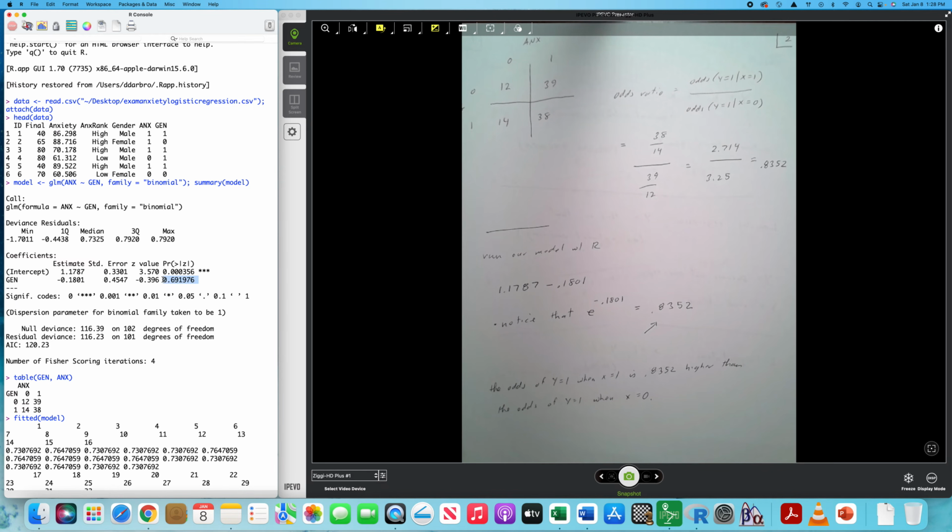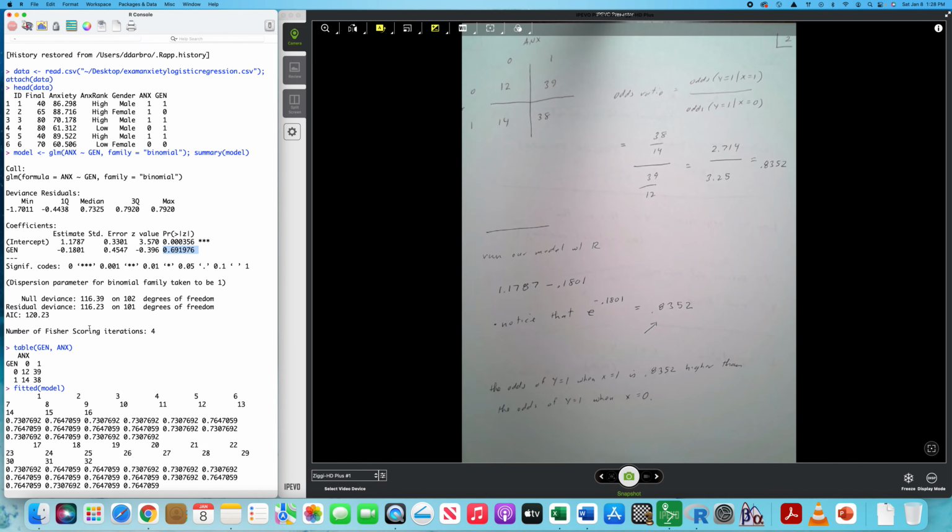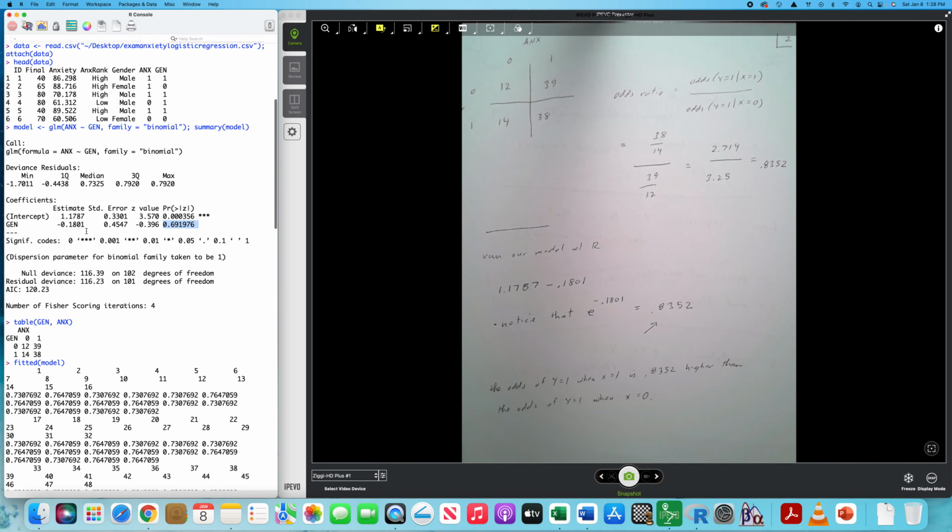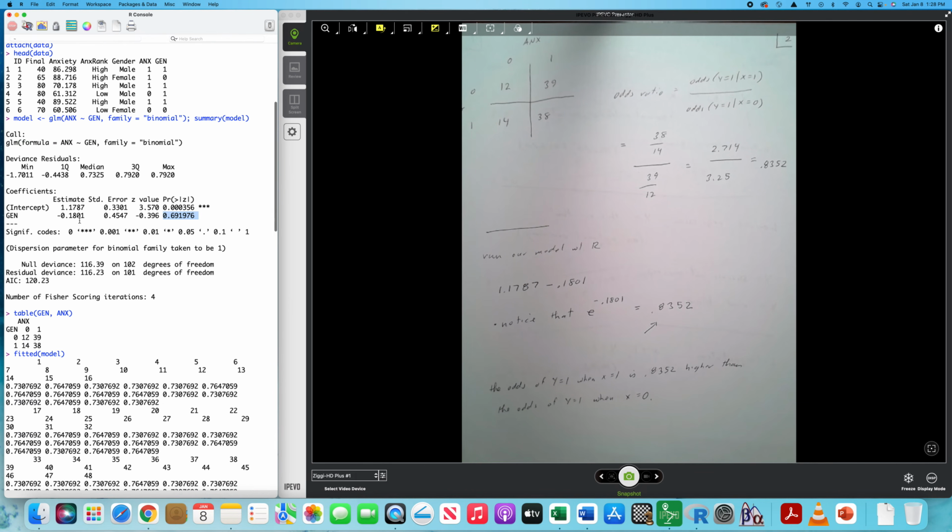I would care about this, but in this demonstration, that's not what this is all about. What this is all about is to show you how to manipulate R to get the outcome that you are seeking.